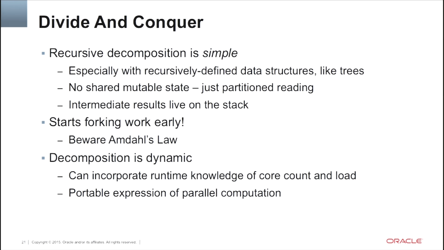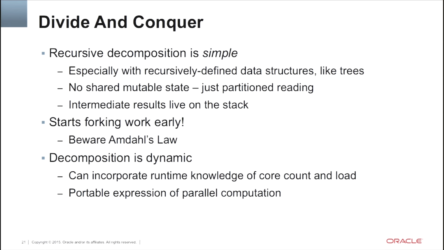If all the cores are busy and they all have a long queue of tasks to chew on, I shouldn't decompose anymore. I should just start computing, right? And so you can dynamically decompose based on what resources you have, but the code that you wrote is completely portable across core counts. It could work on 1 core, 2 cores, 1,000 cores, 1,000,000 cores, doesn't matter.